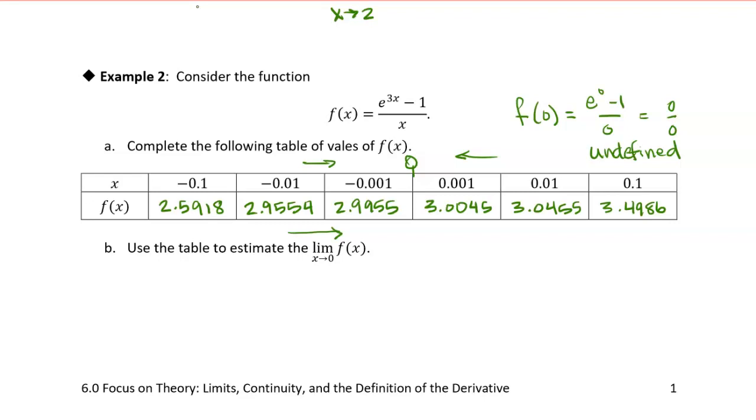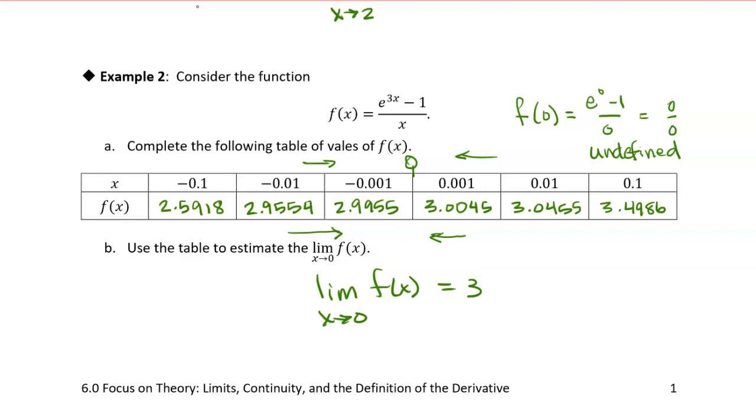It looks like the function is approaching 3. Here I've got 2.995, and on the other side as I approach 0, it looks like it's approaching 3. On the other side it's 3.0045. So I would estimate based on my table that the limit as x approaches 0 of f of x is 3.